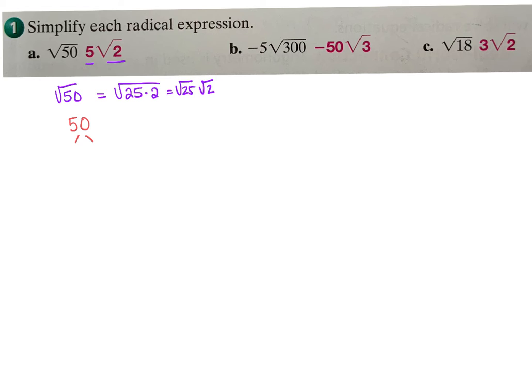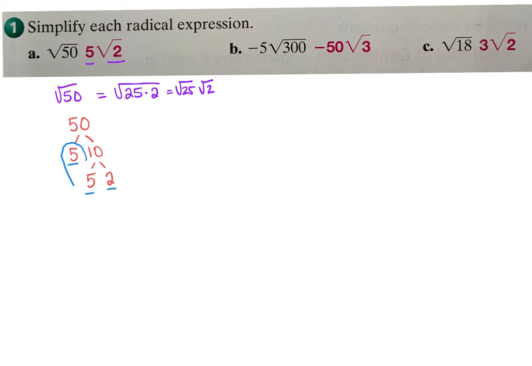If it's easier for you to look at this and say, well, 5 goes into it and 5 is prime, then you could say, well, that's 5 times 10. And you can see that 5 goes into 10 again, so 5 times 2. And now you can see all of these numbers are prime numbers. And so we're done with our factor tree. And then we are looking for numbers that pair up.